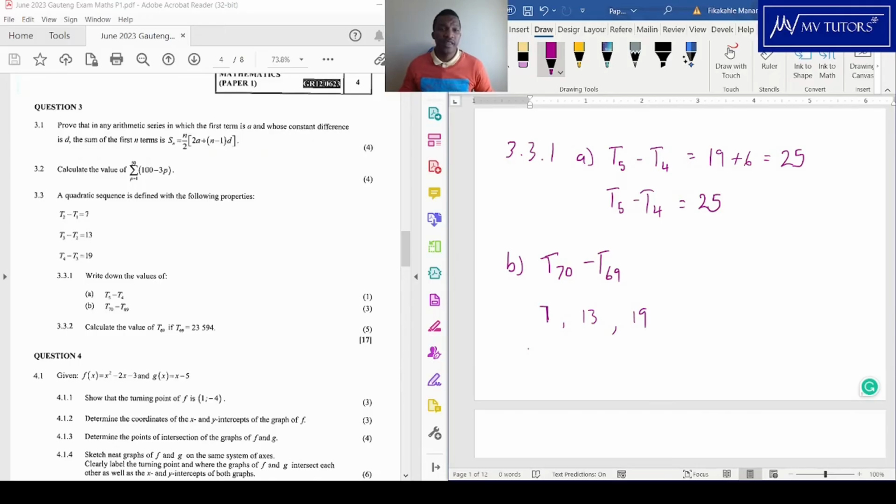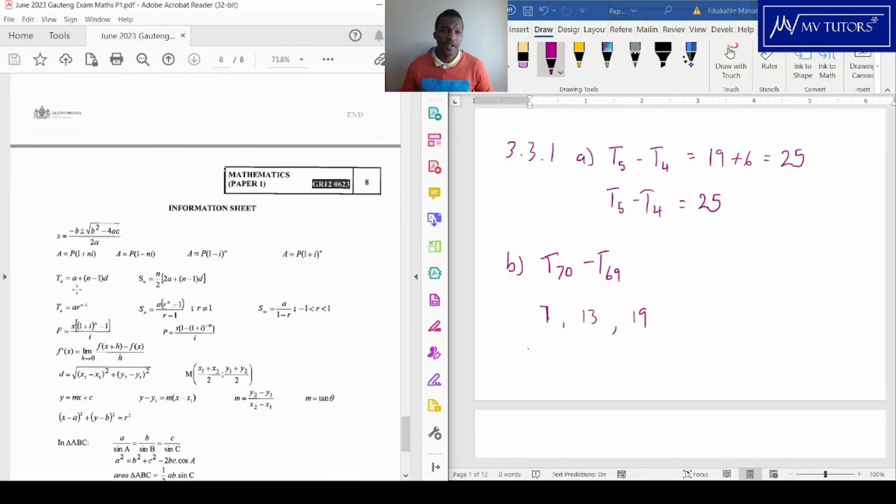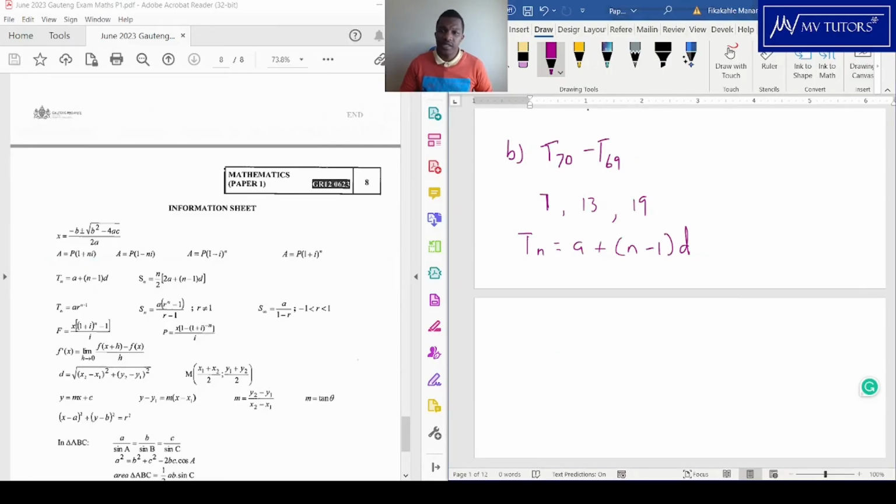But then let's see what our term formula is. Just to remind you of an arithmetic sequence, there it is right there. We have Tn equals a plus n minus 1 d. These are the variables that we need. We need a, we need d, and then we need n.